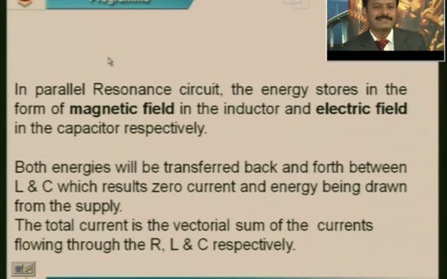So in a parallel circuit, the total circuit current is the vectorial sum of the currents flowing through resistance, inductance and capacitance respectively.